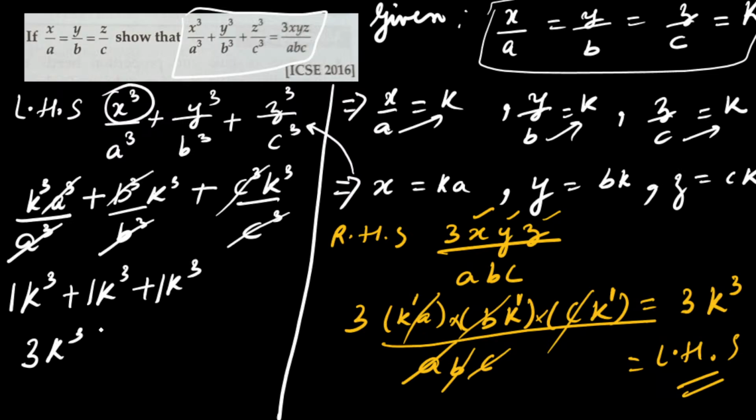For 3k you can write 3x by a, y by b, you can write that, but here k cube's value is there, so it's better anyway you can do it. See, for a proof type of question, it depends on you how you are doing. Sometimes individually we can simplify both the sides, or if you want to write this in a different way, that is also fine.